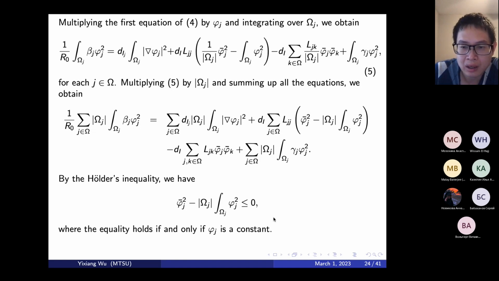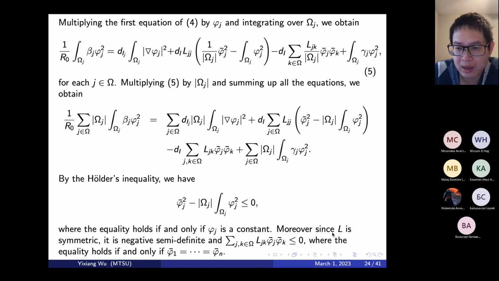Since the matrix L is symmetric and the spectral bound of L is 0, that means L is negative semi-definite, which means we have this sum less than or equal to 0. So again, this term is greater or equal to 0.